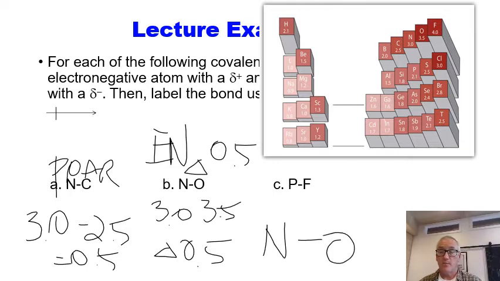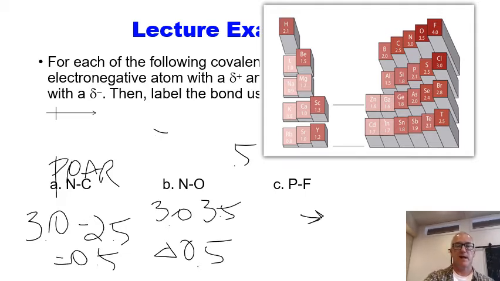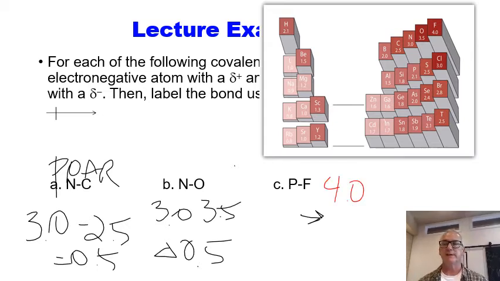Now which way would the arrow point? Right, towards the oxygen. And again, small arrow. Now the third one, I have phosphorus and I have fluorine. So fluorine is super electronegative, with an electronegativity of 4. And phosphorus is 2.1. So the delta electronegativity there is 1.9.